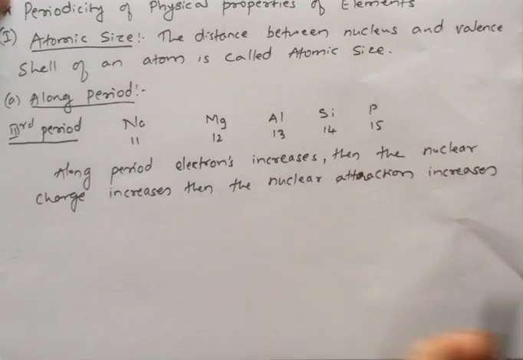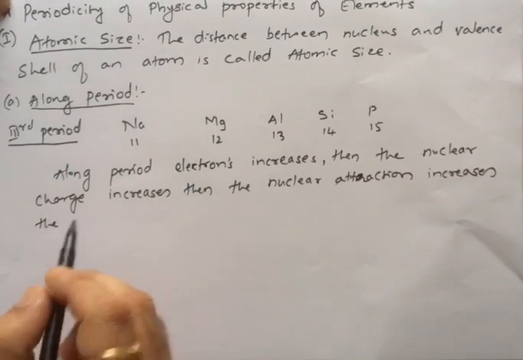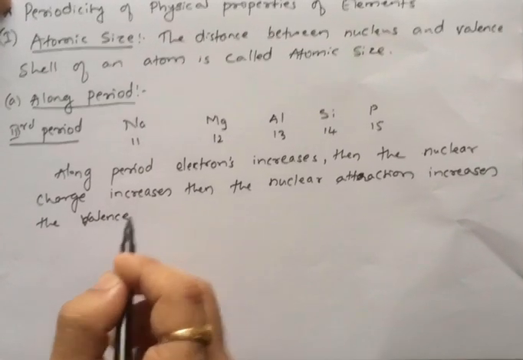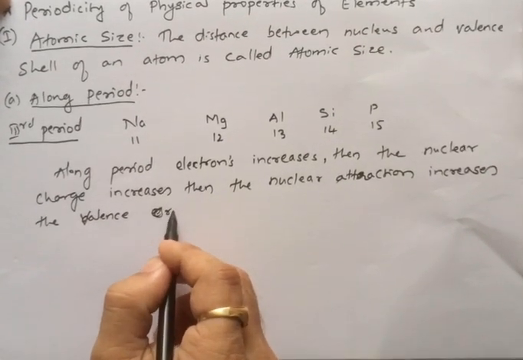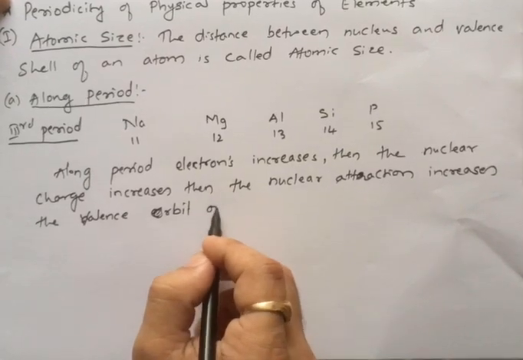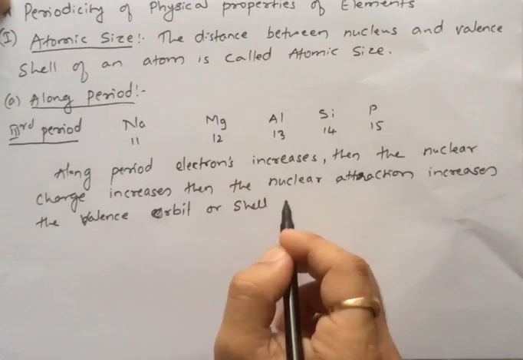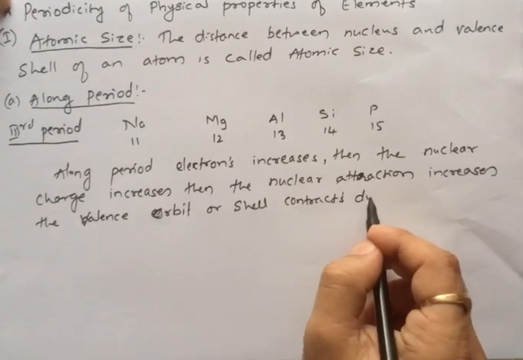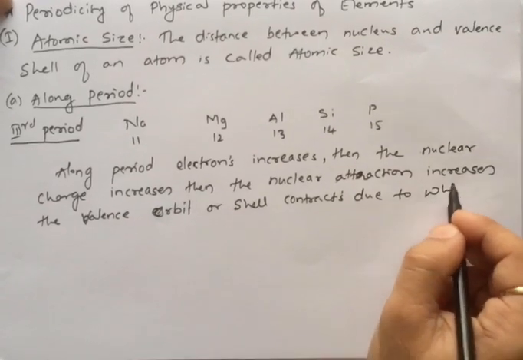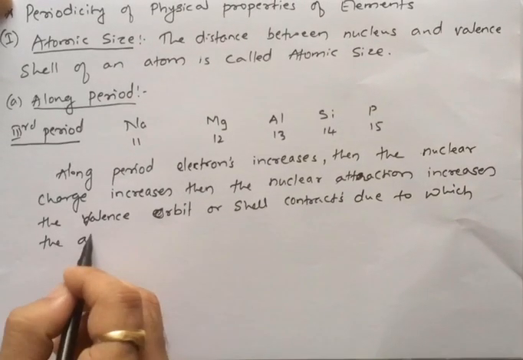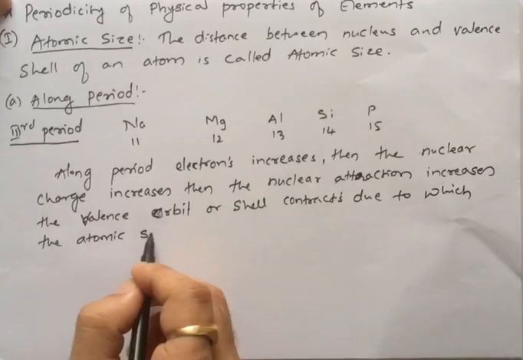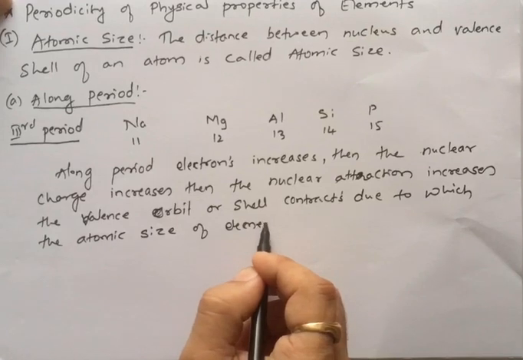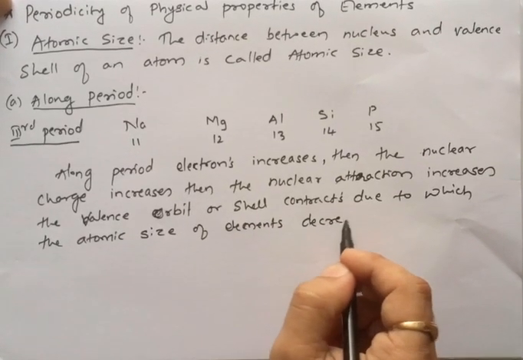Correct or no? If nuclear attraction increases, the atom, the valence orbit or shell contracts, due to which the atomic size of elements decreases.